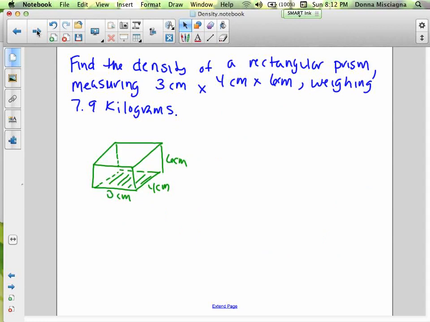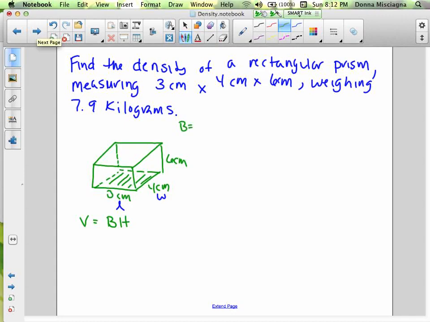All right, so there's length and width, or you can call it base and height. But as a reminder, the volume of the prism is the area of the base times the height. So let's find each of those things. The area of the base, we just take the two base measurements. So 3 times 4, which is 12 centimeters squared.